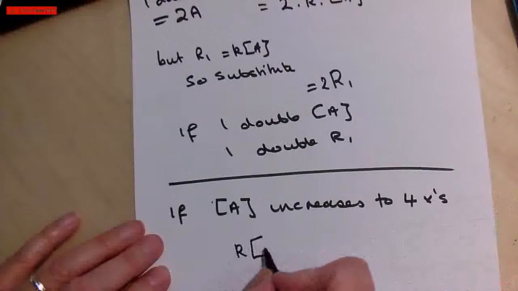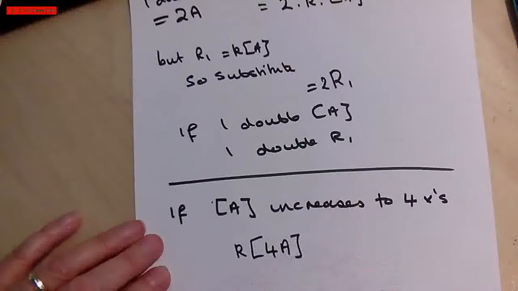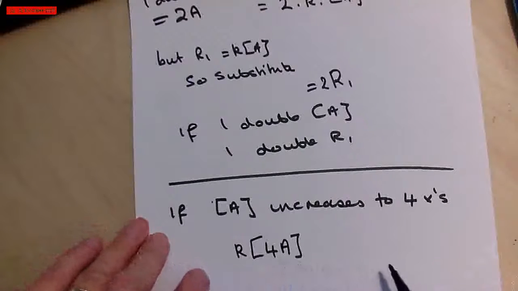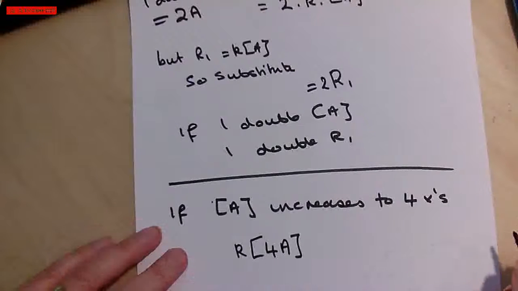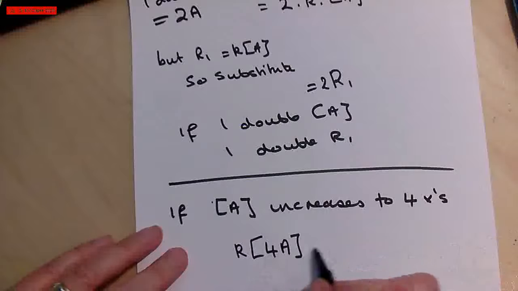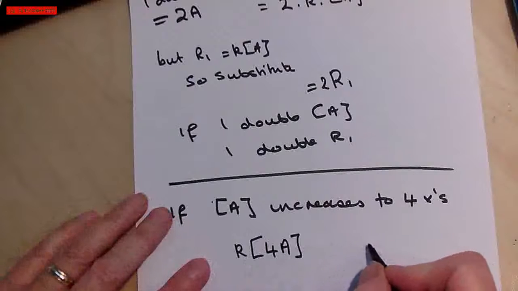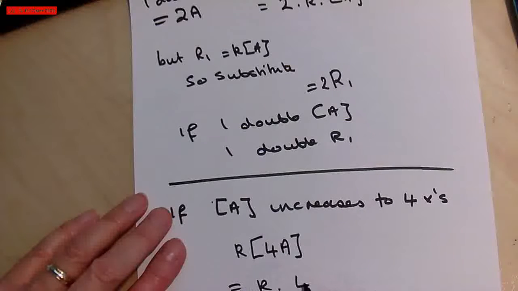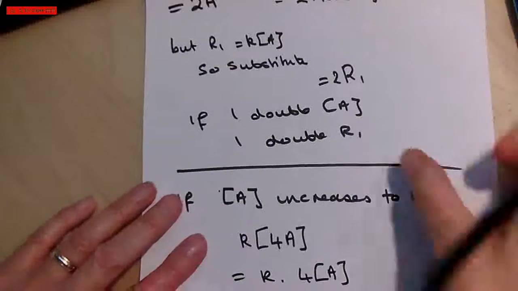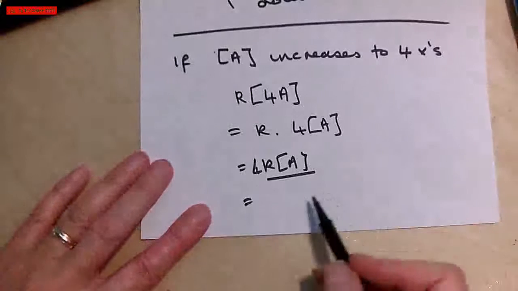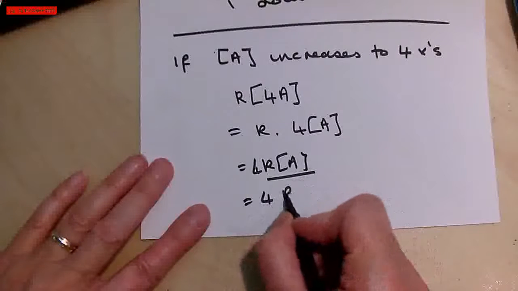So K4A, I'm using 4 times the concentration of A. So this is K times 4 times the concentration of A, which is 4Ka, and we know that Ka equals R1, so it's 4R1.